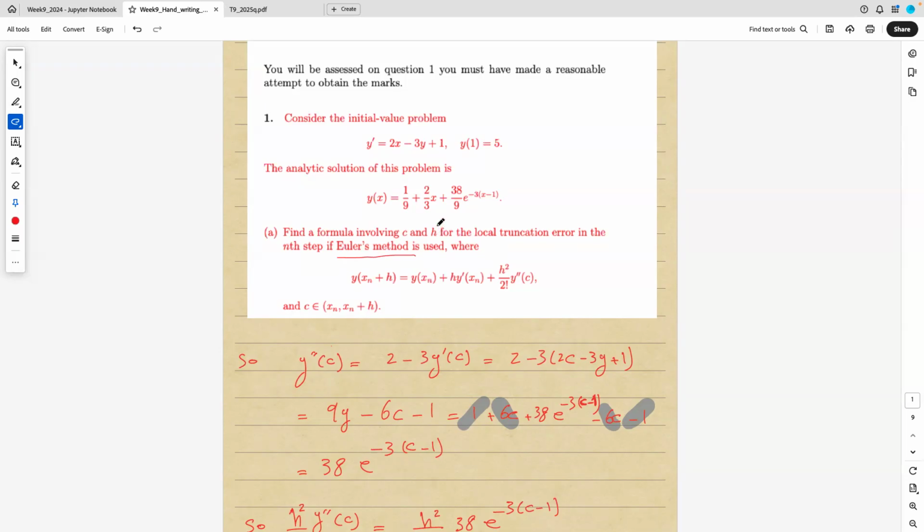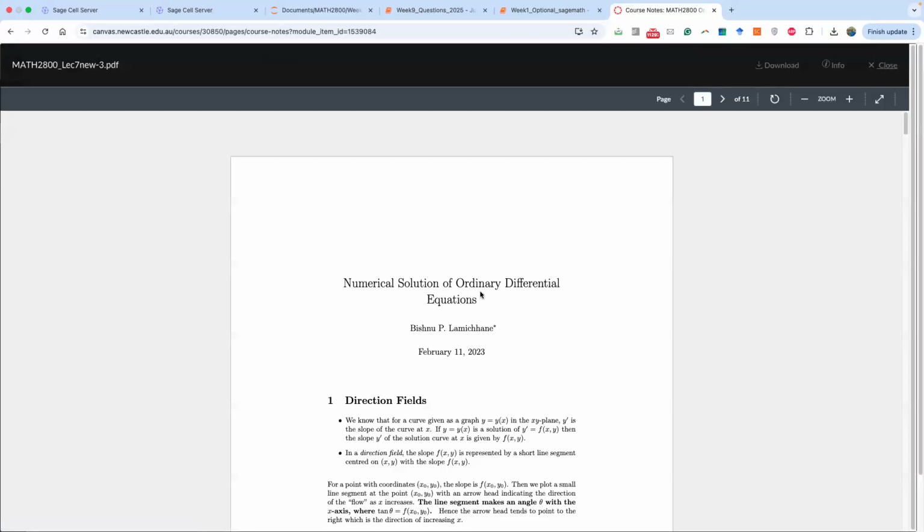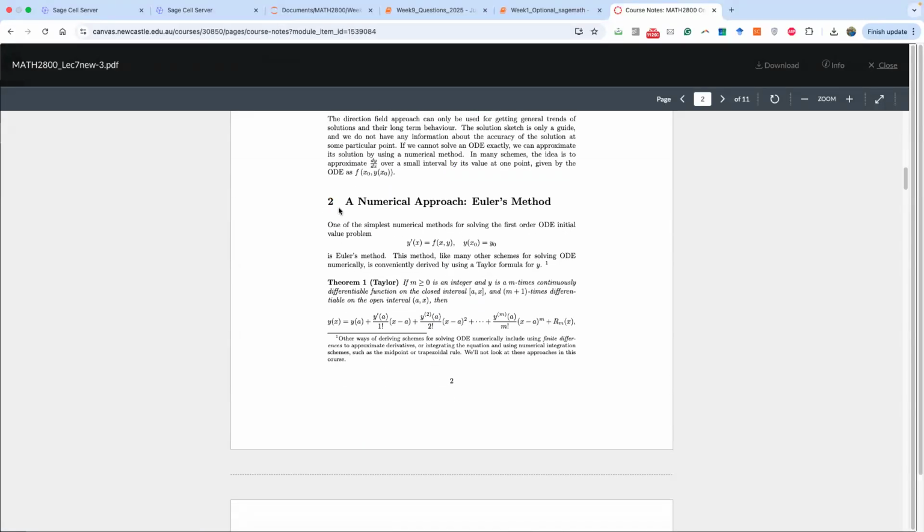So Euler's method is given to us. H is the step size here, and C belongs to this interval. If I refer to the lecture notes, week 8, section 2, it says numerical approach.